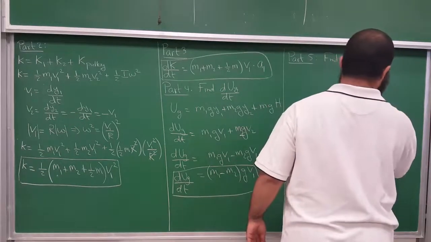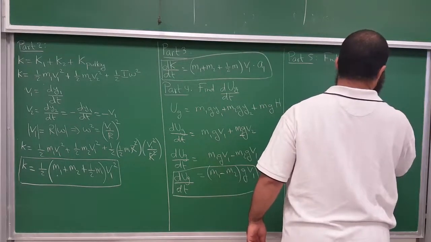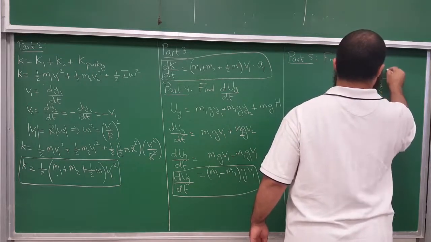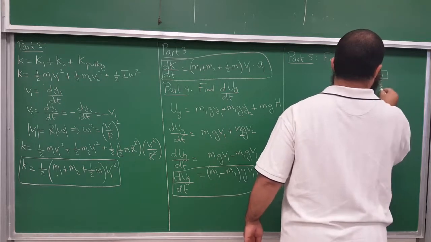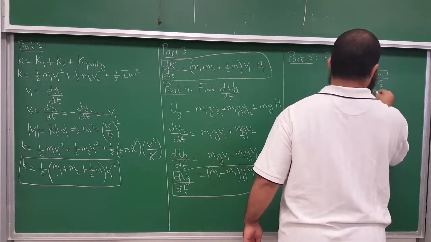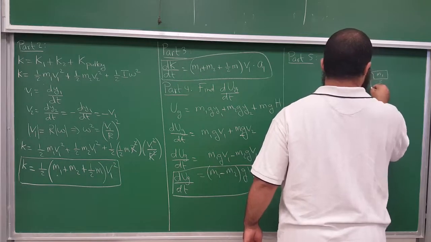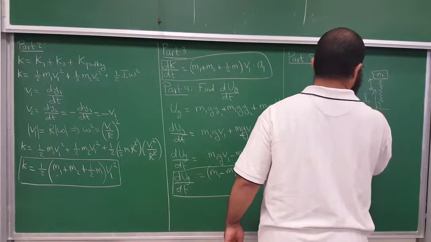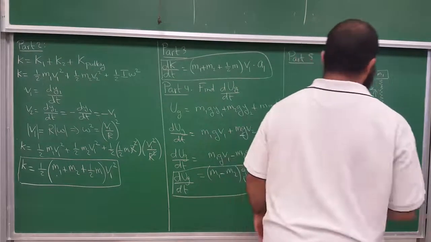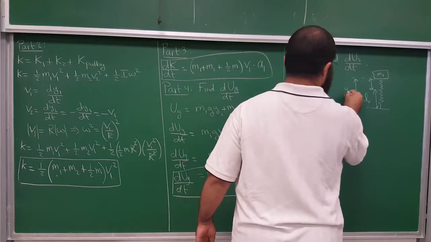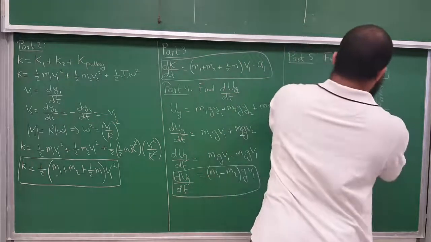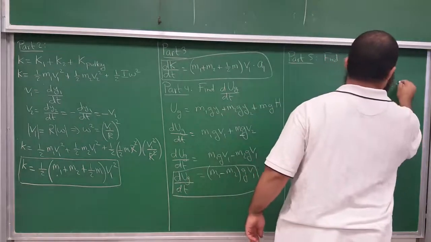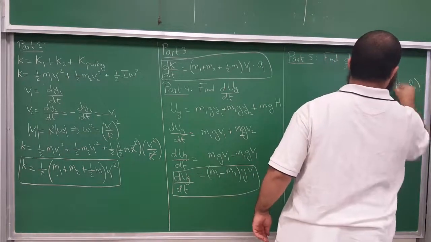Well, let's just draw the spring. And here is m1. And let's say here is the natural length of the spring, here is L0. And so this stretch here, this is y1. So the amount of stretch will be y1 minus L0, right? This is y1 minus L0.